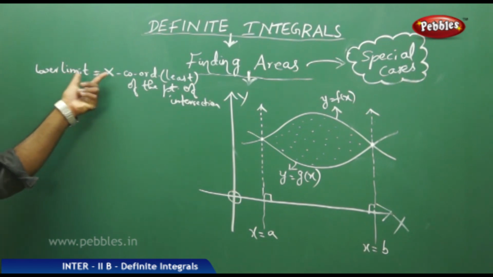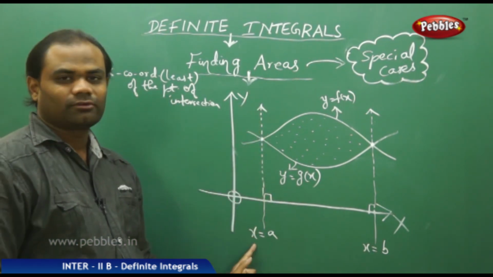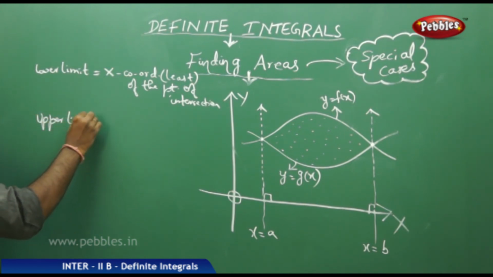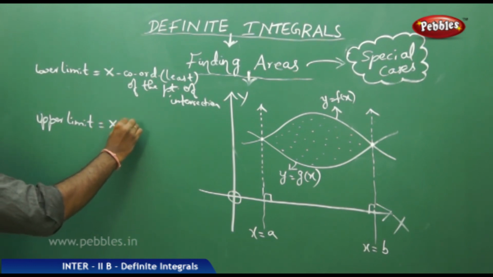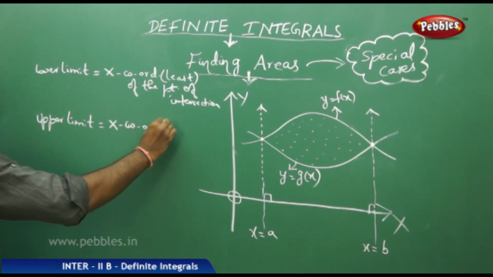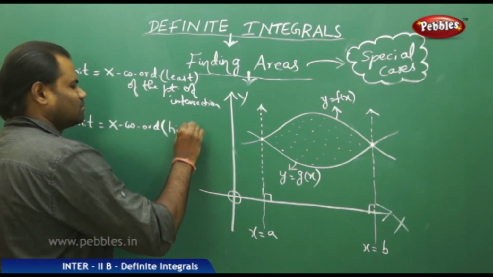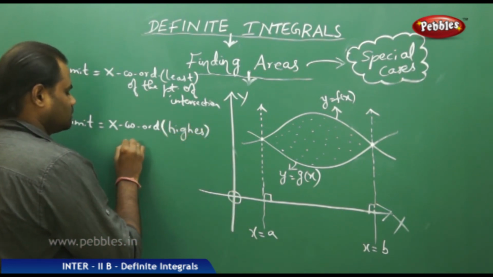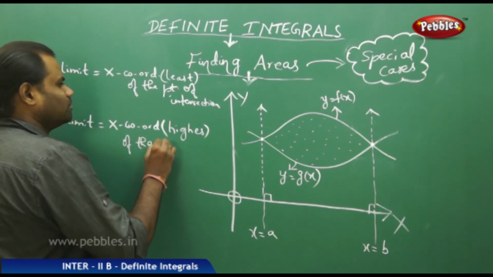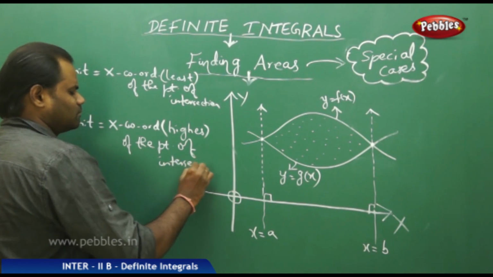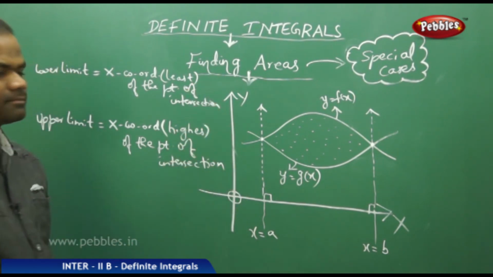So the lower limit is the x coordinate of the point of intersection that is the least, and the upper limit is the x coordinate which is the highest of the points of intersection.